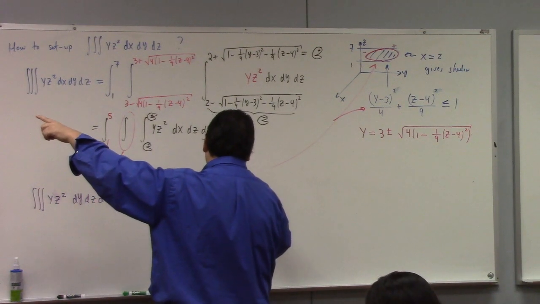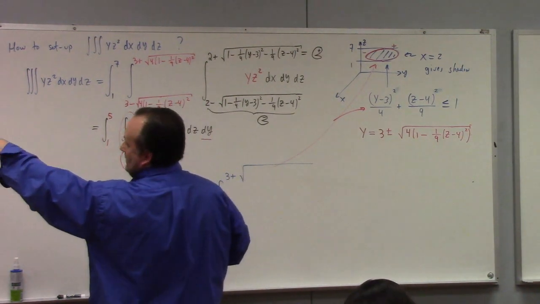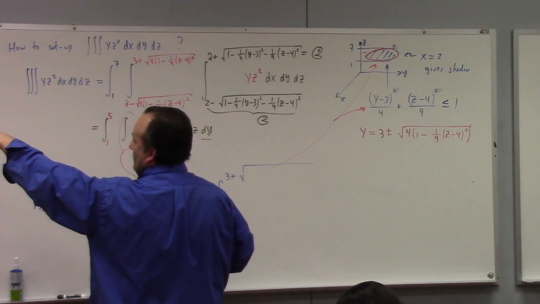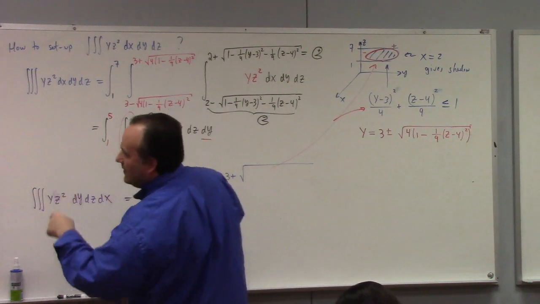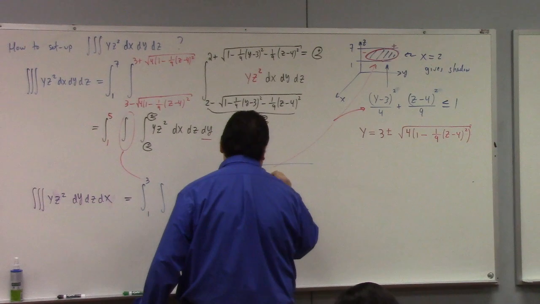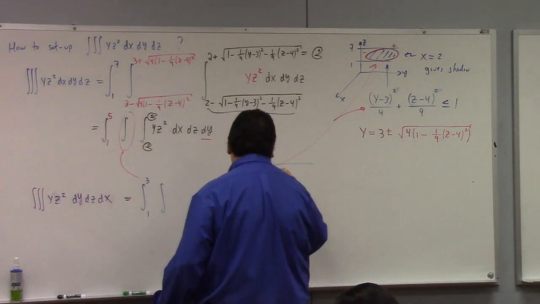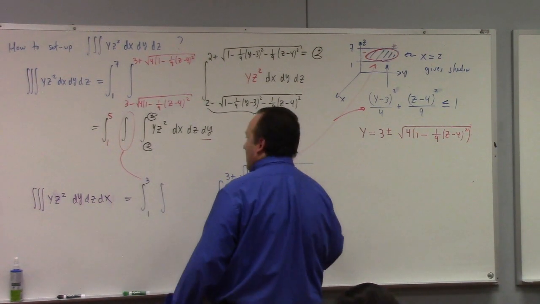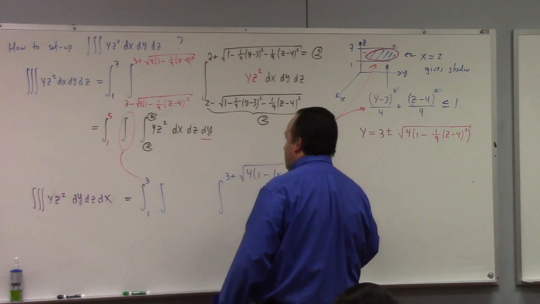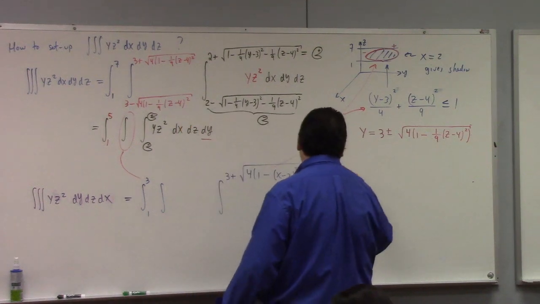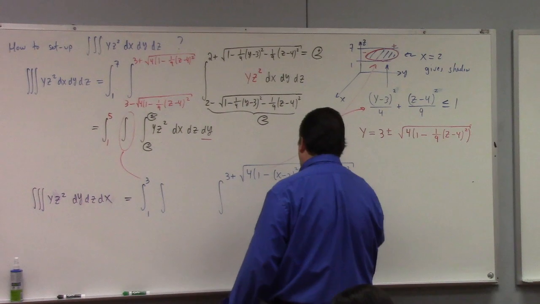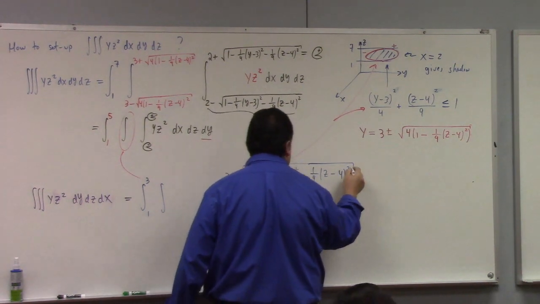3 plus the square root of 1, I can't see anything, 4 times 1 minus (x minus 2) squared minus 1/9 (z minus 4) squared, like that.